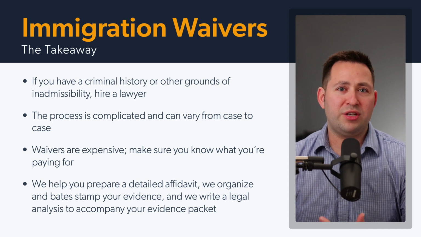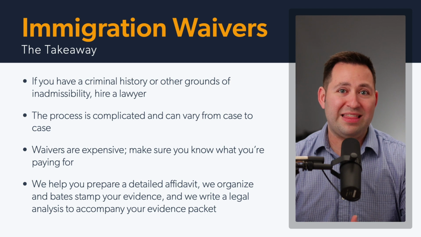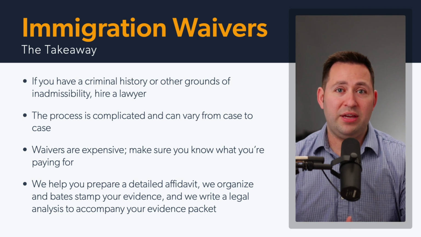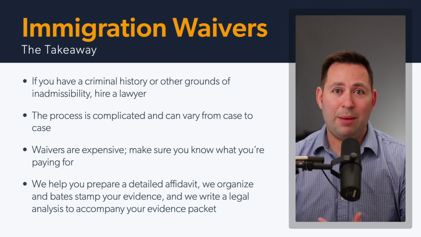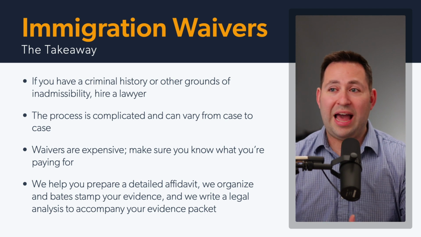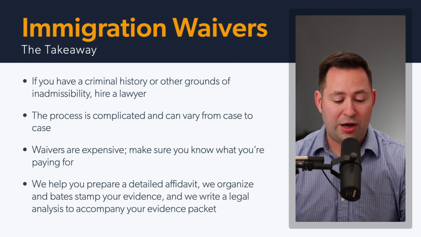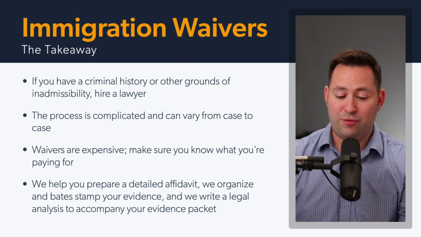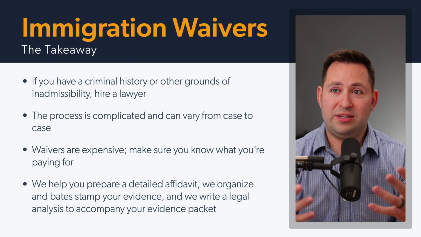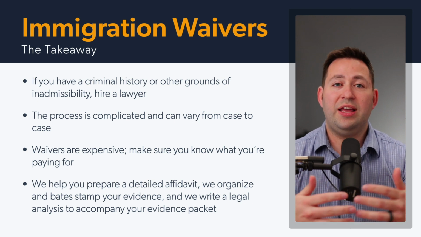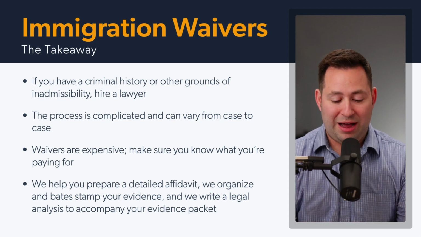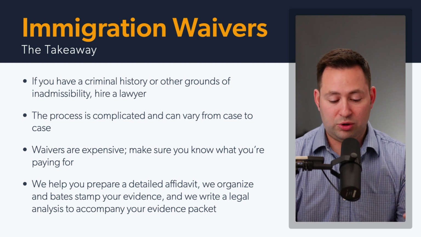Make sure you understand, like if they say, well, this is going to be $10,000, that better be a very good waiver. They should explain to you and take the time at that price point exactly what's going to go into your waiver application and what they're going to do. I'll tell you that we help you prepare a detailed affidavit for both parties. In the event of a spousal waiver, we'll get an affidavit from each spouse to explain why this would create hardship.